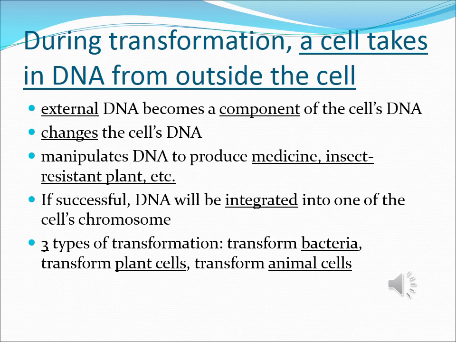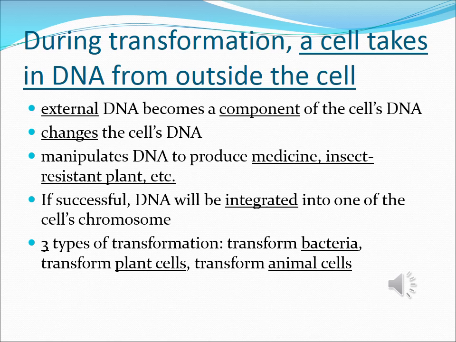If we know it's successful, we know it worked when the DNA is actually integrated into the chromosomes of the thing we want to change. If it doesn't get integrated, it didn't work. We know it's successful when we actually see the tomato growing really big, when we actually see the bacteria producing, let's say, an insulin protein.